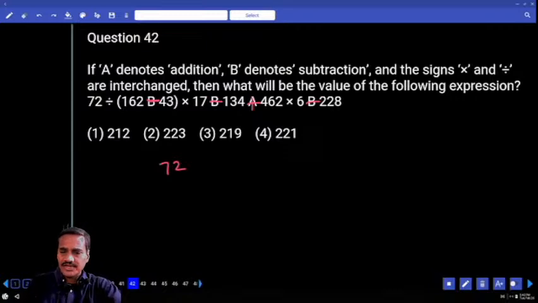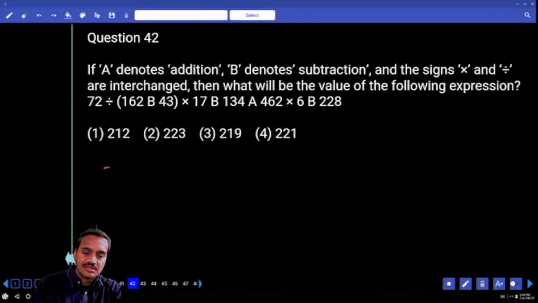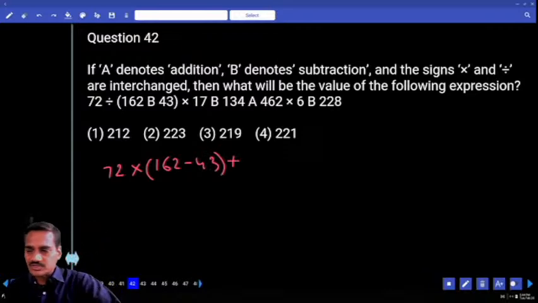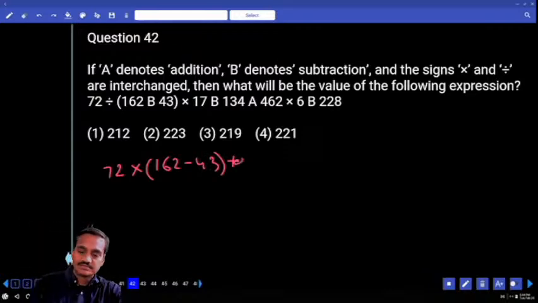Now A divided, then what will be the value? And the signs into and division are interchanged. Now into and division are interchanged or not. And 72 and into and division are interchanged. This is into and 162 and this is minus 43, and into means this must be division, and plus must be minus.